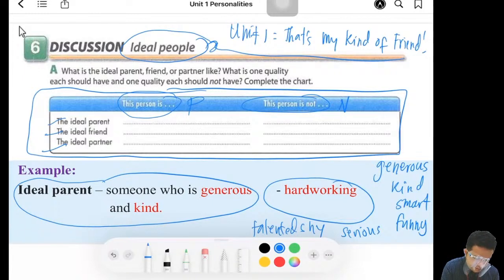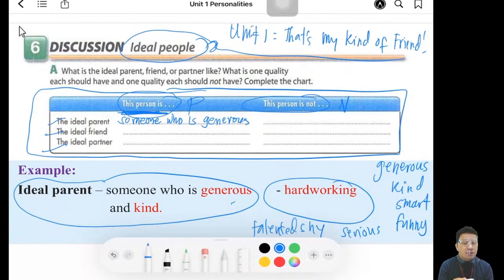Here, on the first line, you're going to write there the ideal parent that you want to have. This person is. You already have the first statement here, incomplete statement. So what you're going to do is to add the word someone here. Because this person is someone who is, for example, this one, generous. Okay, like that. This person is someone who is generous.